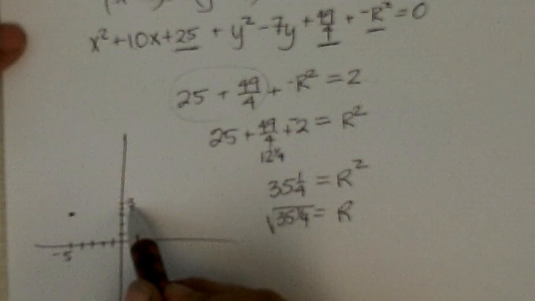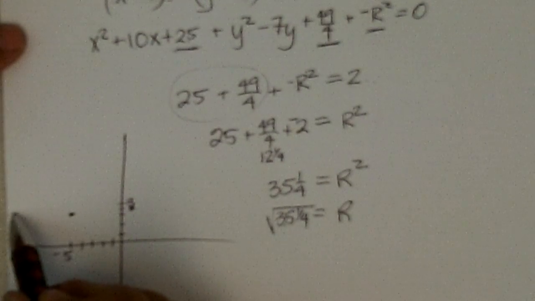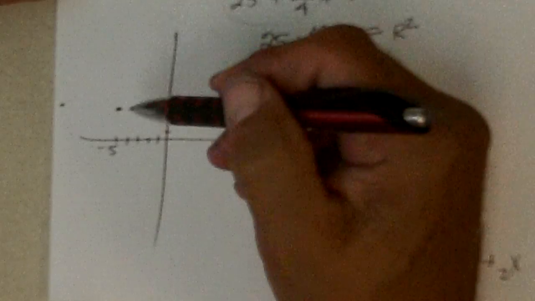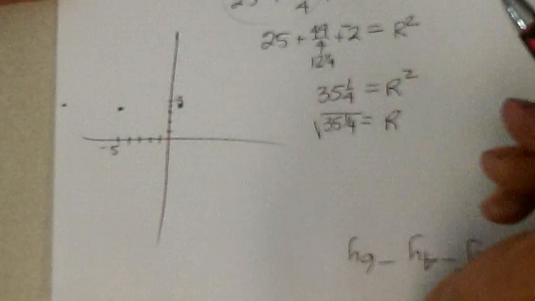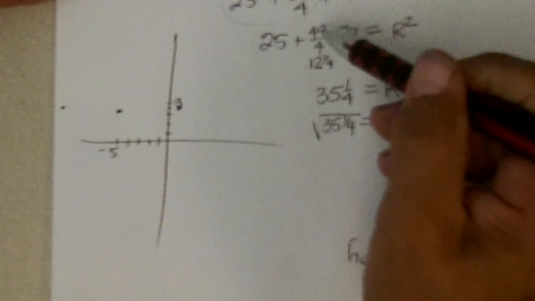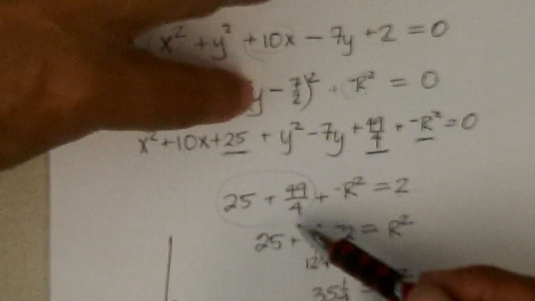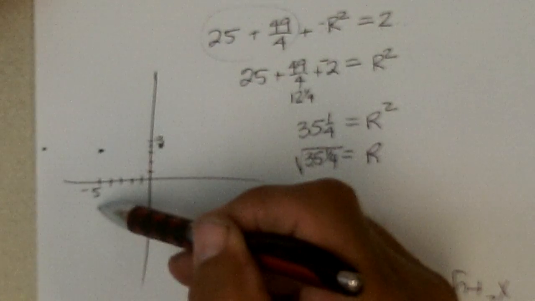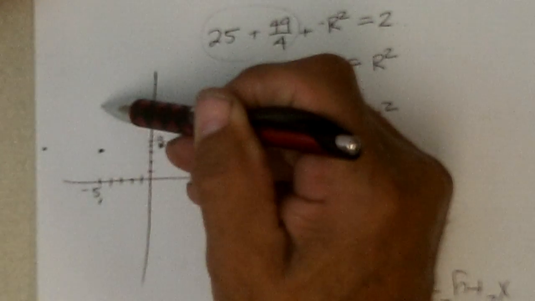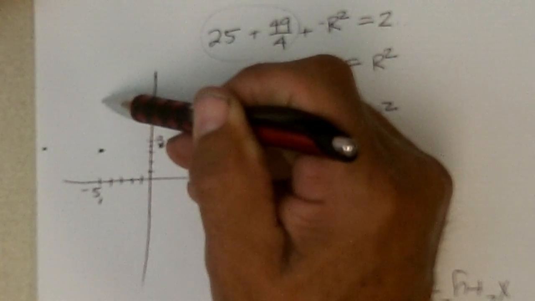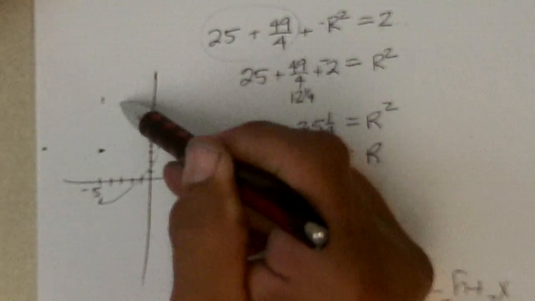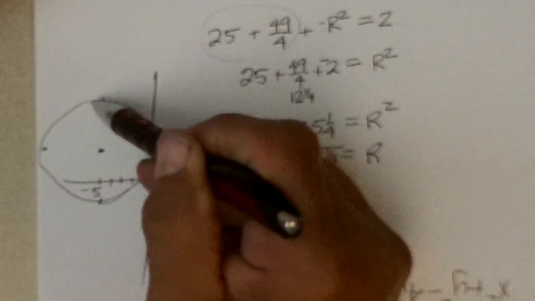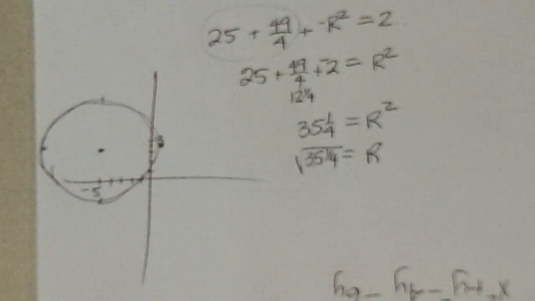So if I went over 6, that would be about there. If I went over 6, that would be about there. If I went down 6 from 3.5, so down 2.5 and up to 9.5, our circle would be roughly there. Okay?